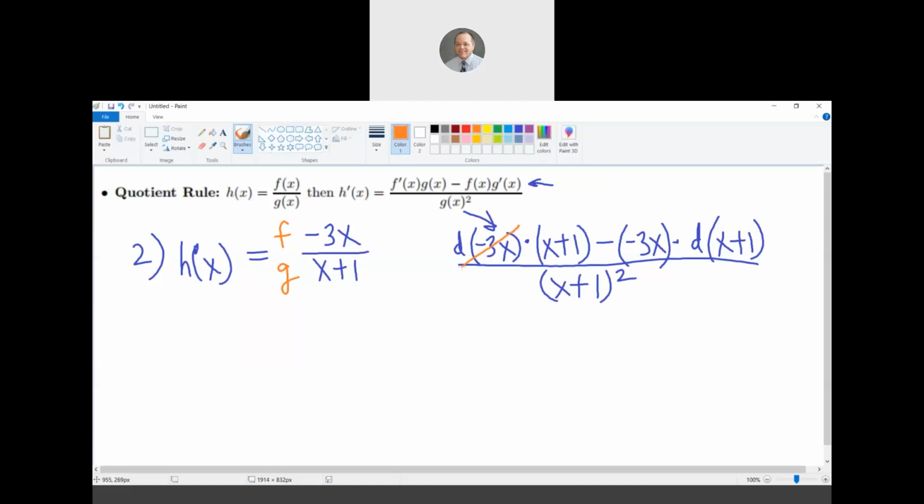The derivative of negative 3x is just negative 3. The derivative of x, we saw that earlier, was just 1. And last but not least, the derivative of 1, that's a constant. That's always 0.